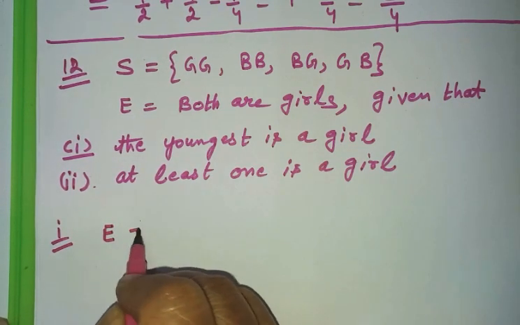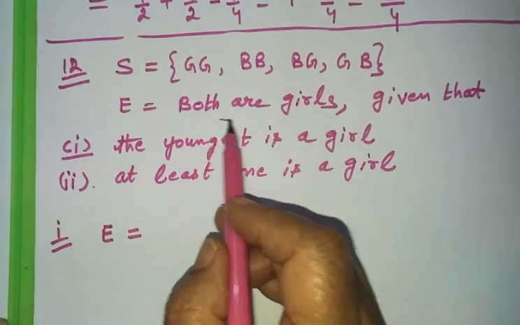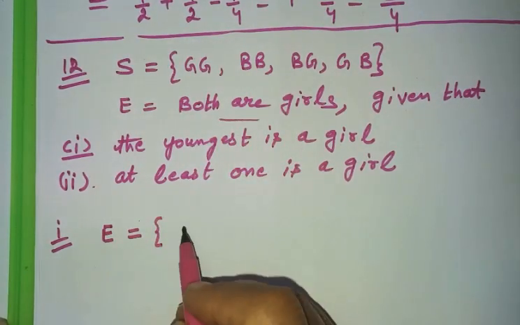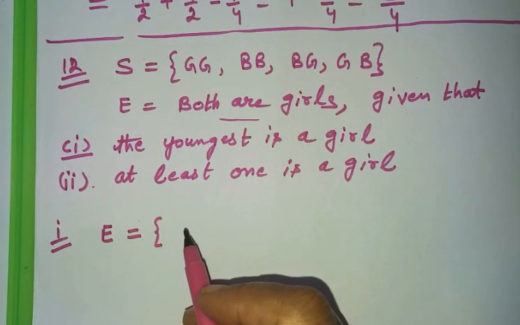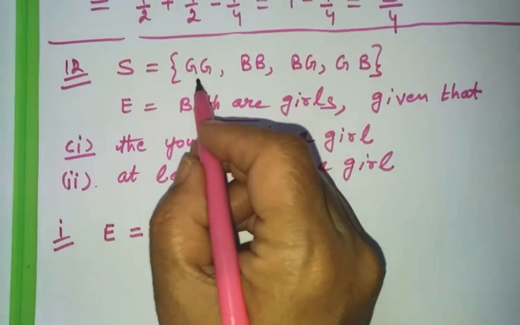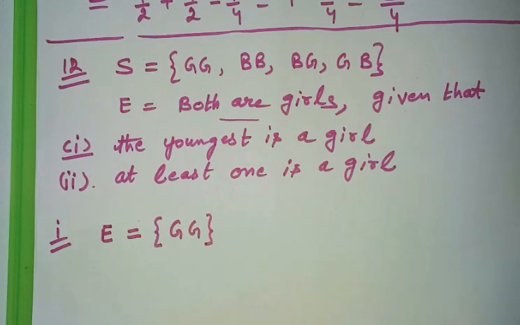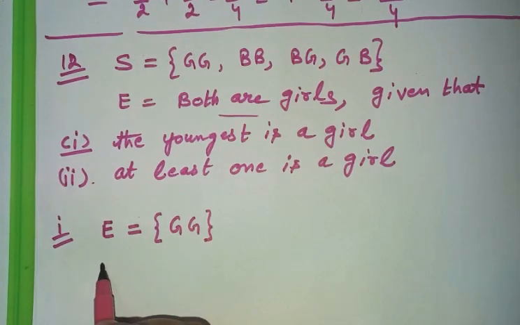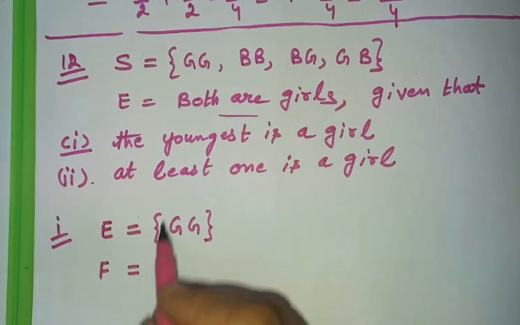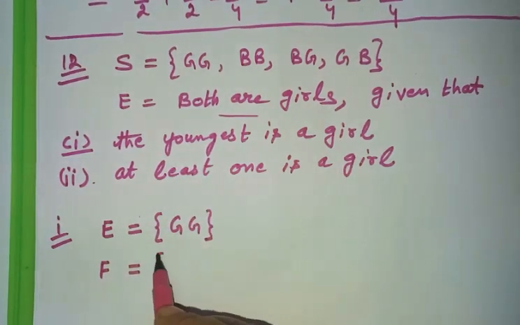Part 1 says E remains the same, both are girls. So let us directly write what are the events favorable to the happening of E. It will contain only one element of the sample space, GG. Now since we are doing first part, event F will be the youngest is a girl.